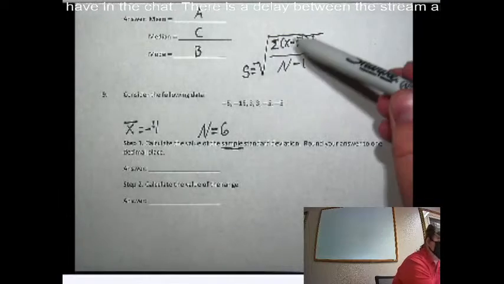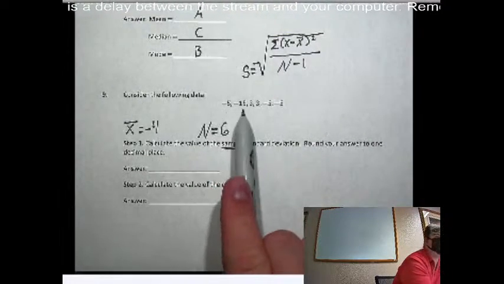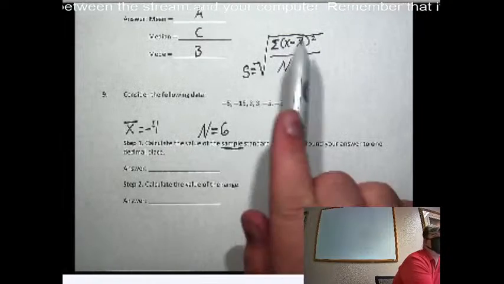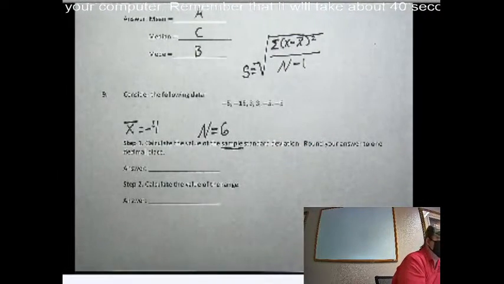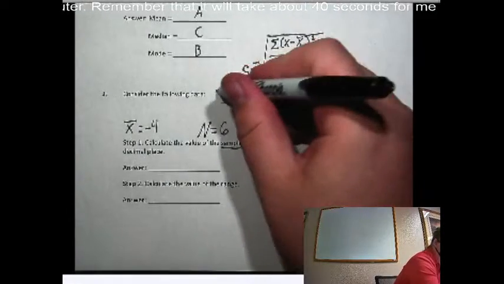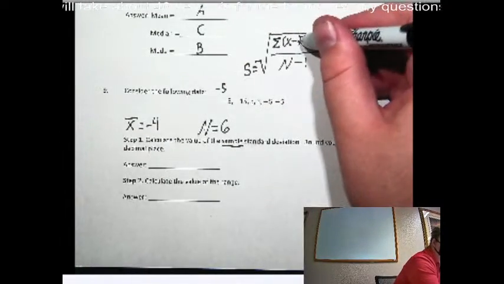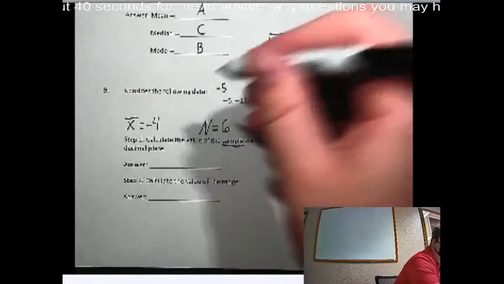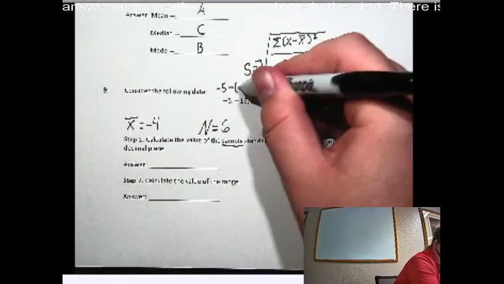So the first part, x minus x bar, we need to take each of these x values and subtract x bar. Now if we think about that, the first one would be -5 minus, for this sign right here, -4.